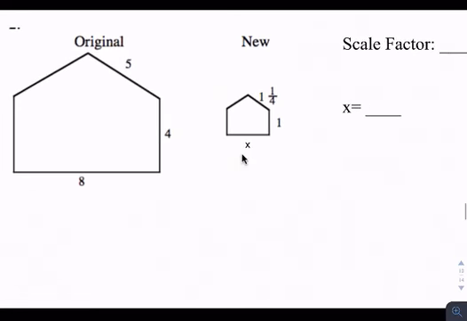All right, here is my next shape. We have our five-sided figure here, and some of the side lengths are labeled. Luckily for me, this shape has the orientation in the same direction, so I can just label the same spot on each side.